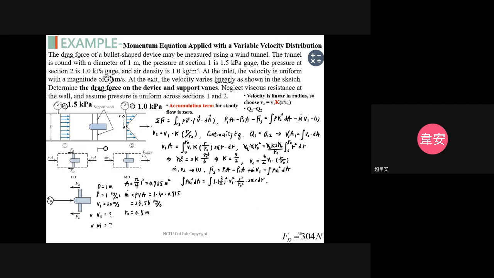Okay, and we move the constant values outside the integration, and the integration interval is still from 0 to R0. So the constant value is 4 over 9, and V1 squared, where V1 is 30.